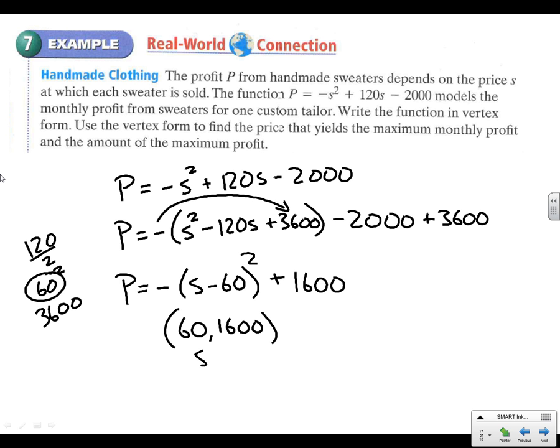And this is in (s, P). P is the profit, and s is the price. All right, so the price is 60. And if you sell it for $60, you're going to make a profit of 1,600.